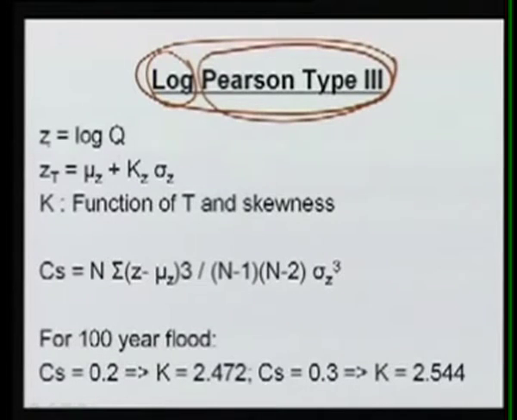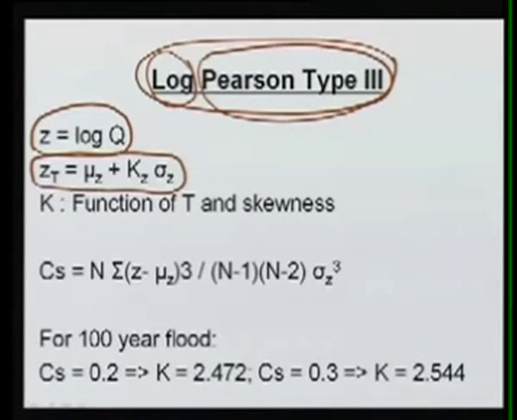So we use a variable z, which is defined as log of q, and then we say that z will follow a Pearson type 3 distribution, and for any return period t, the z value will be given by the mean plus a constant k times the standard deviation sigma z.